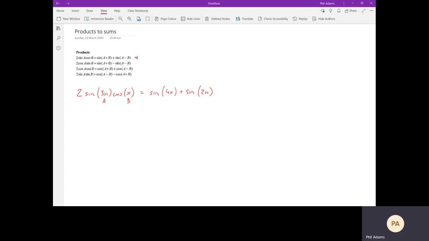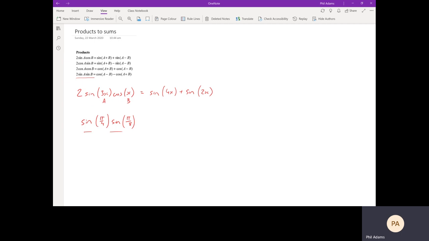Where they become a little more interesting, and where you've got to get a bit of practice using them, is when they're not just laid out in a straightforward manner like this. So an example might be something like sine of pi over 4 times sine of pi over 8. Now, this is a product, sine and sine, so it fits this bottom rule down here.